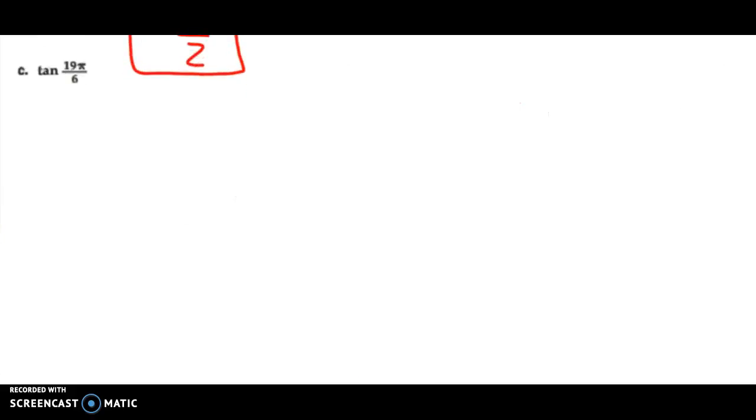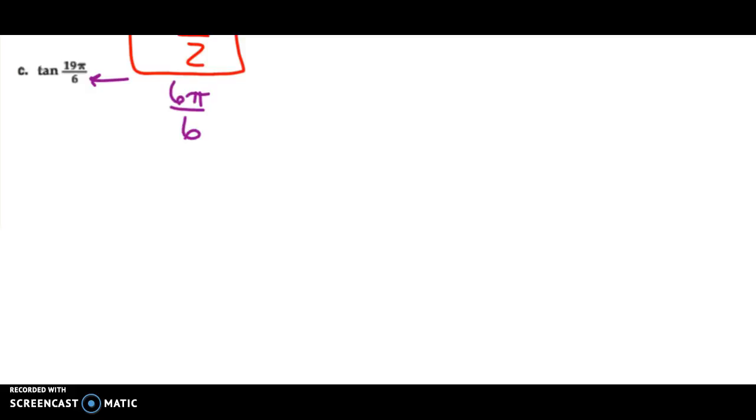Tangent of 19 pi over 6. What we said earlier is that my period for tangent isn't 2 pi, it's 1 pi. So 6 pi over 6 would be one rotation. Now if I take that away, I'm still left with 13 pi over 6, which isn't on the unit circle.